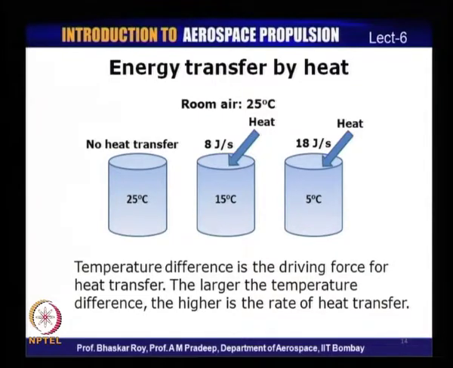Which is why in the first case, where the system was at 15 degrees Celsius and the surroundings at 25 degrees Celsius, we had a heat transfer of, let us say, 8 joules per second, whereas in the second case, because of the higher temperature differential between the system and the surroundings, the rate of heat transfer is higher as compared to the first.